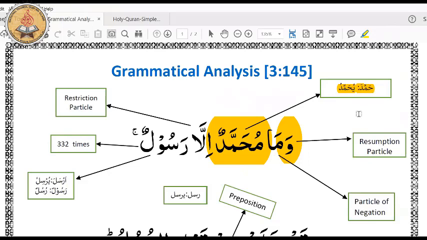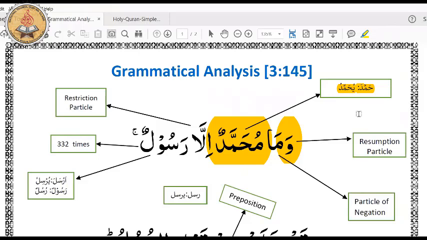Each noun in Arabic has some root letters, basic or radical letters. The root letters of Muhammadun and similar words are ha, mim, dal.